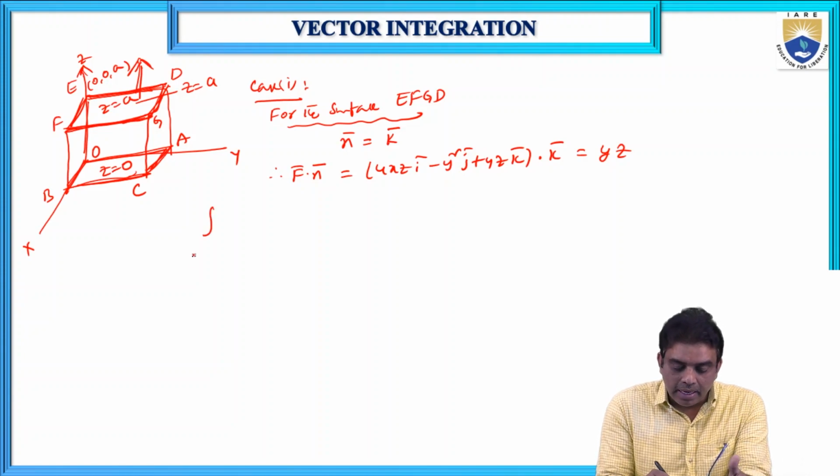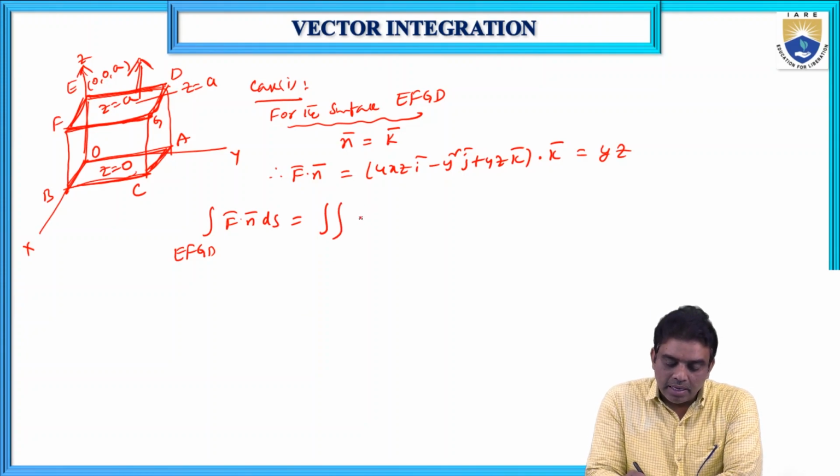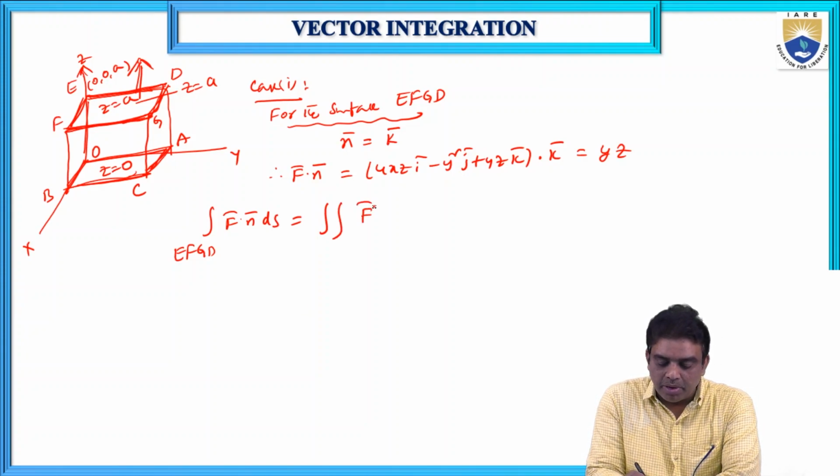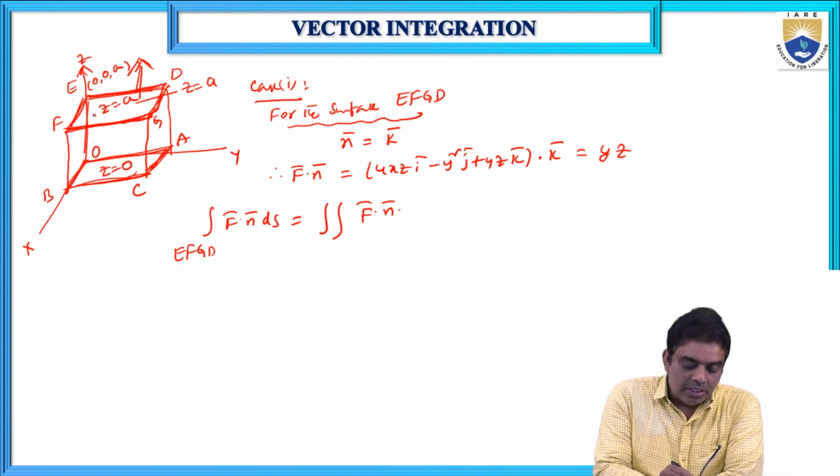Now the integral along the surface EFGD of f bar dot n bar ds is a double integral. This is defined by projection on the xy plane.